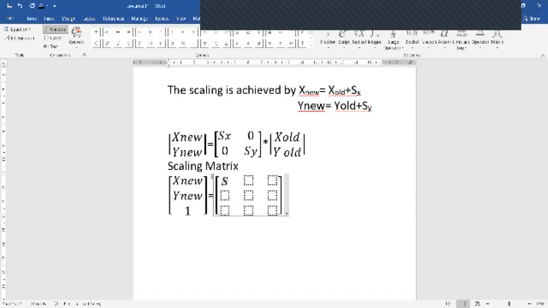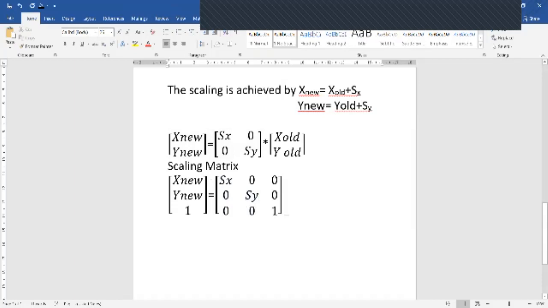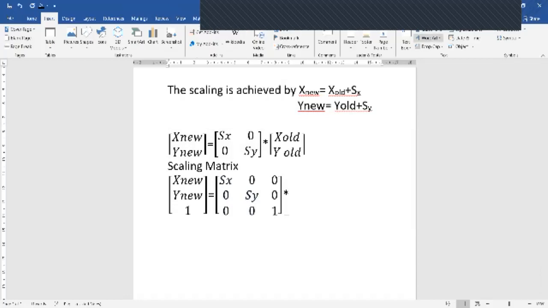Here it is Sx, 0, 0, here 0, here I will write Sy. Look, the diagonal elements represent Sx, Sy, and 1. It means the diagonal elements are the elements that contain the required value. The rest of the elements can be 0 also.